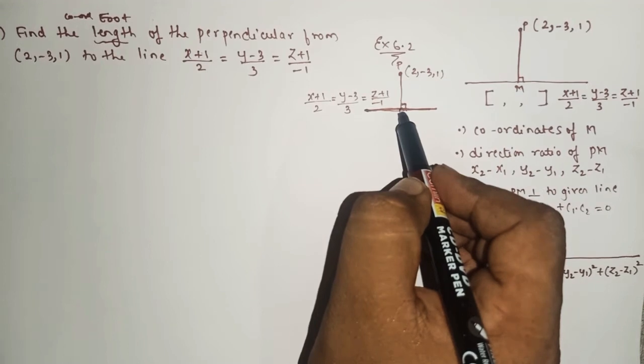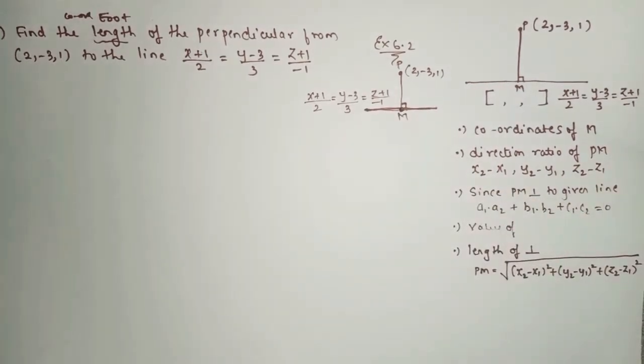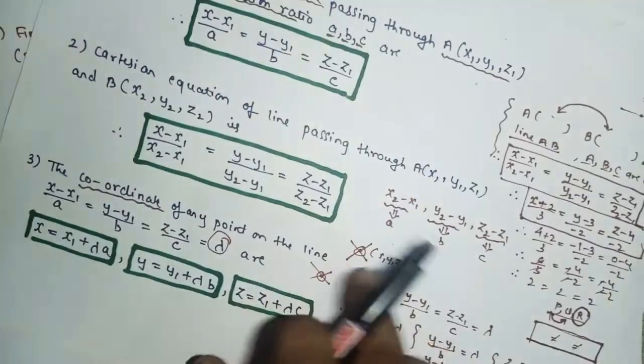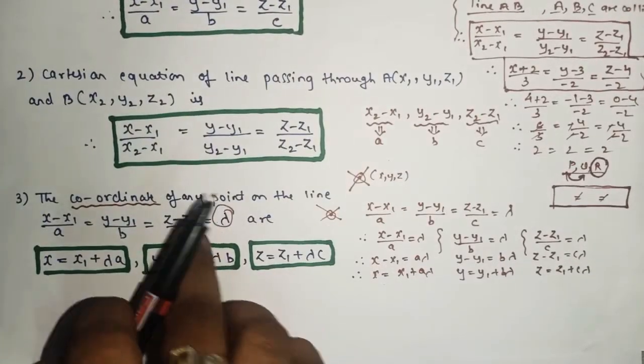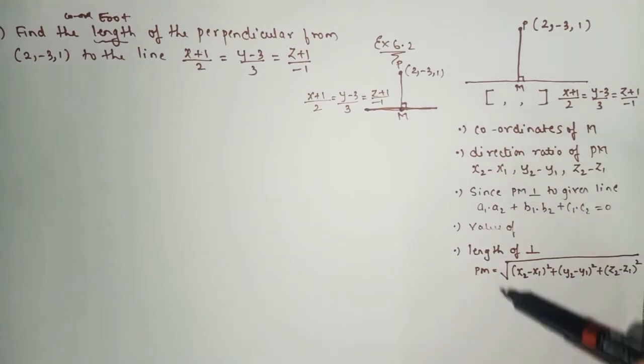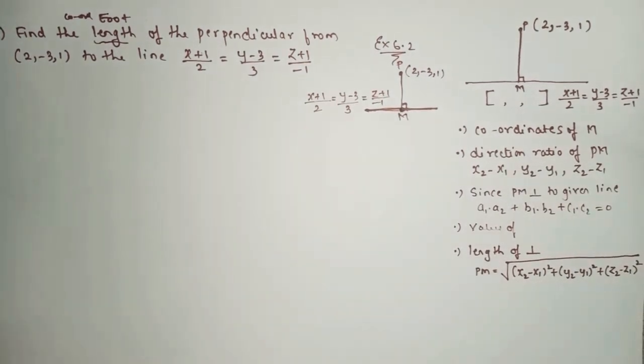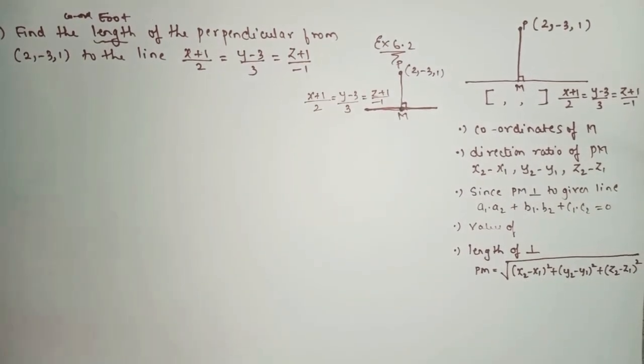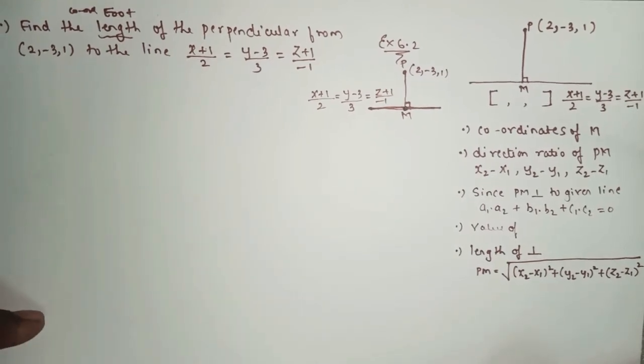If you want to find the coordinate of any point on the line, we have to apply this concept. Just now we saw one sum based on this. Let's begin with the sum, and simply follow these steps to get the answer. One by one we'll see the steps.